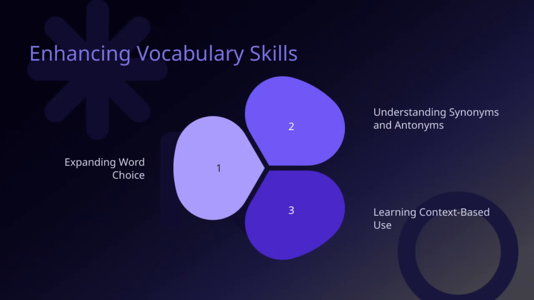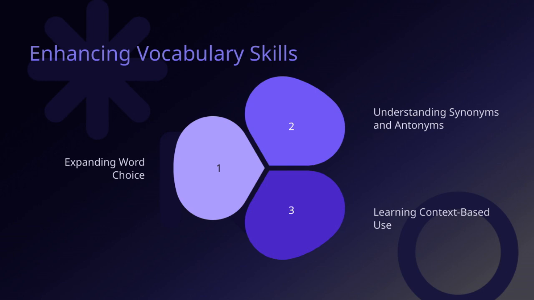Let's take a closer look at how understanding synonyms and antonyms plays a key role in learning context-based use. When we explore synonyms, we're expanding our word choices to make our communication more precise and engaging. Conversely, understanding antonyms helps us grasp the full spectrum of meaning and nuance.